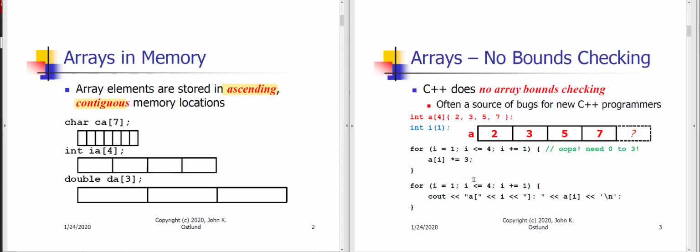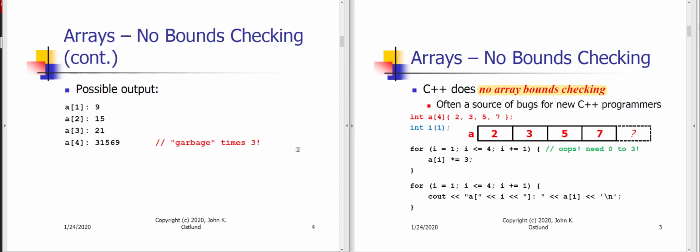Here on slide 3 is a repetition of an example program that we looked at in the previous lecture, showing that it is possible to go outside the bounds of an array in C++, and neither the compiler nor the runtime environment will warn you or protect you from that. So the output that we might get from this program is, let's see, in each element of the array here, we're multiplying it by 3, going from item sub 1 up to item sub 2, 3, 4.